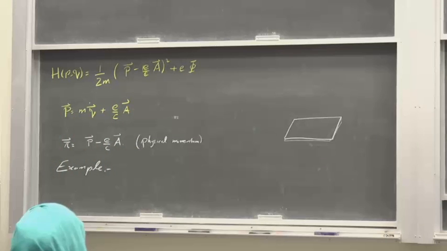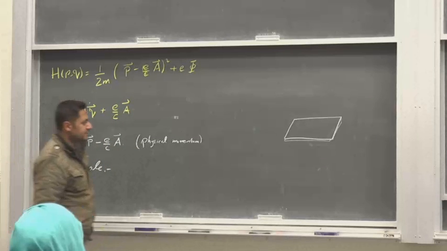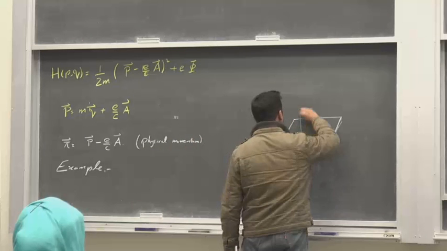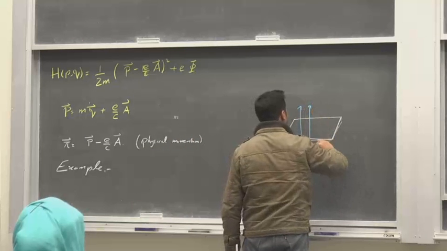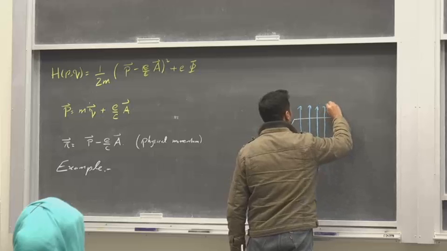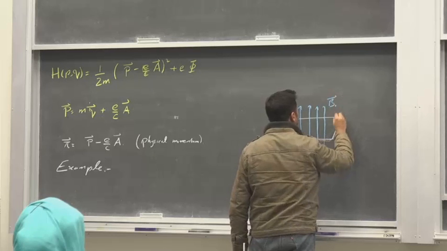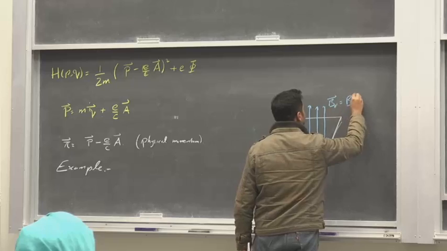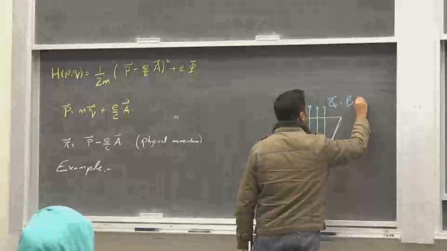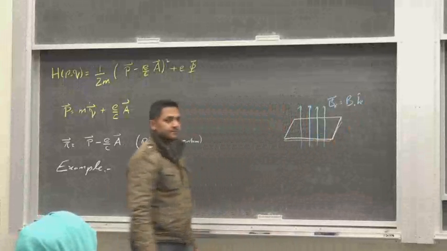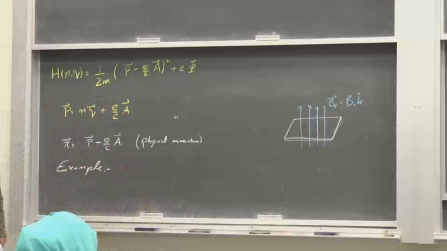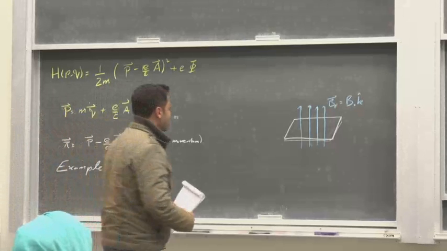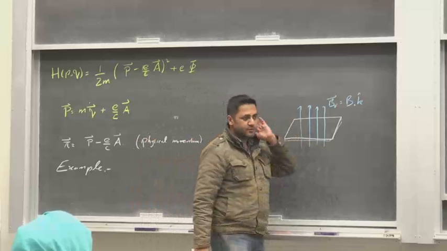So there are electrons available in this material, maybe some semiconductor, and you have applied a constant magnetic field in the z direction. So the slab directions I have called x and y, and the magnetic field is applied perpendicular to the slab.